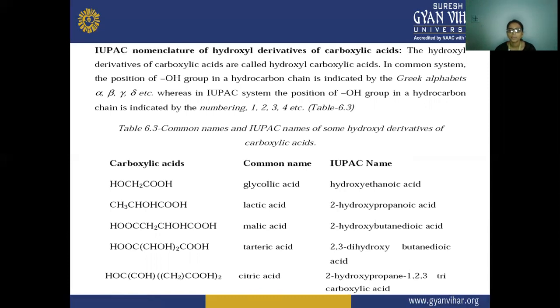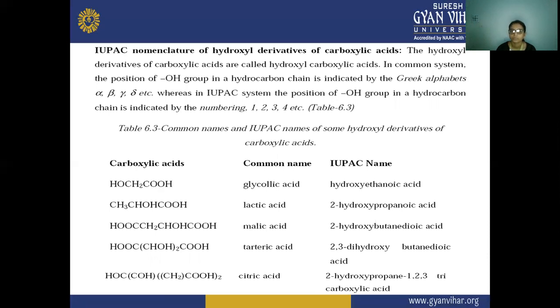Next is the IUPAC nomenclature of hydroxyl derivatives of carboxylic acids, meaning here the hydroxy group is also present. The hydroxy derivatives of carboxylic acids are called hydroxy carboxylic acids.